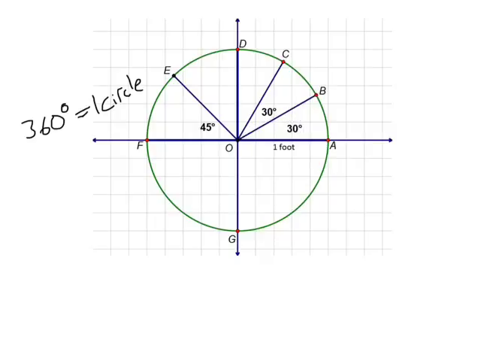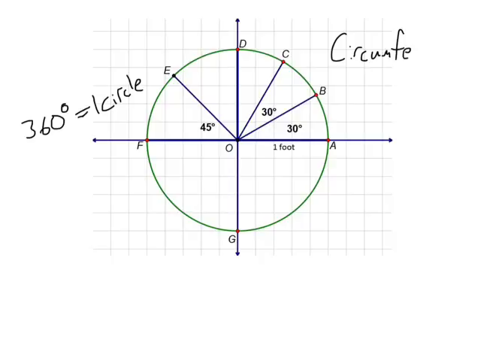And 360 is just some arbitrary number, so we would like a different way that has to do with length so that we can get a more useful number. And if we talk about the distance around a circle, we call that the circumference.